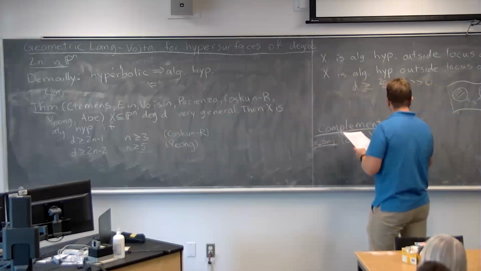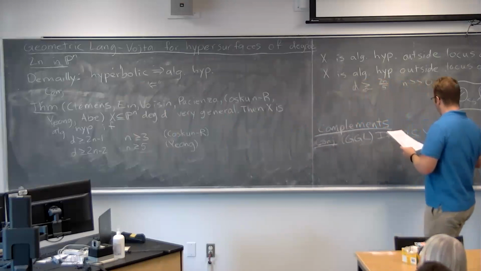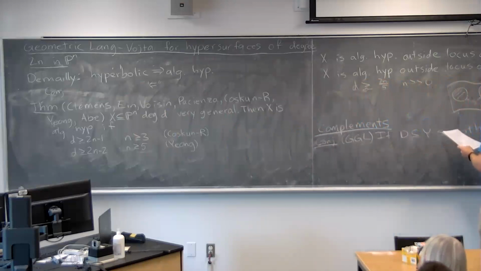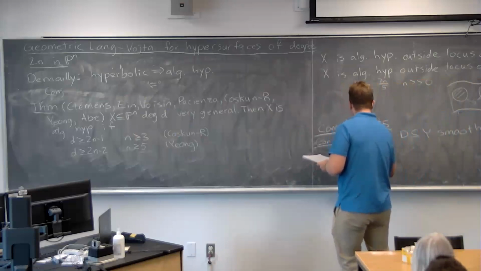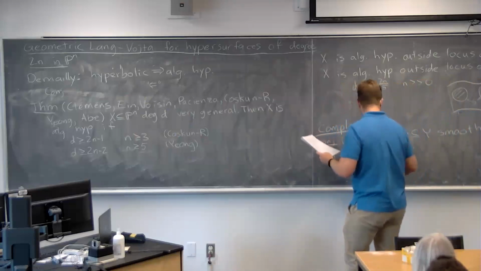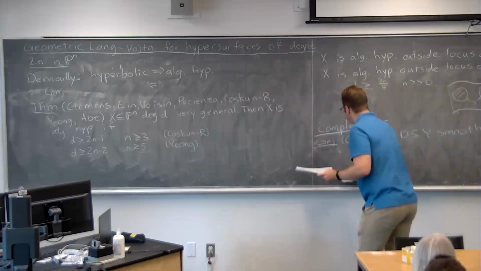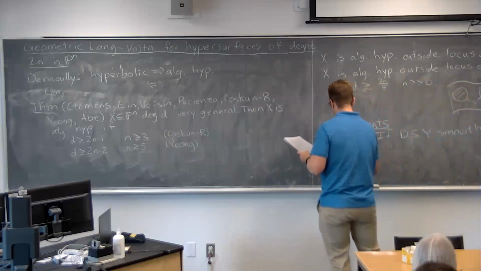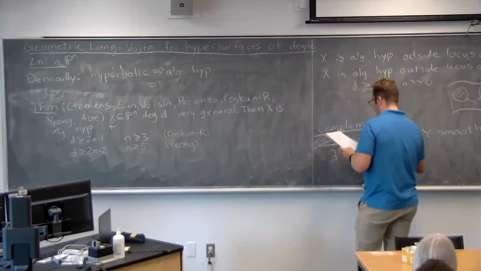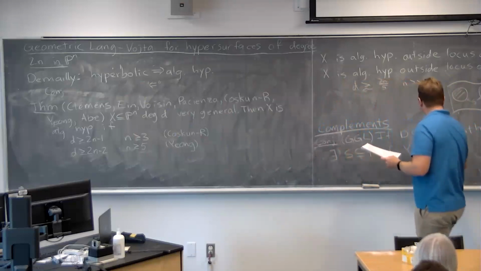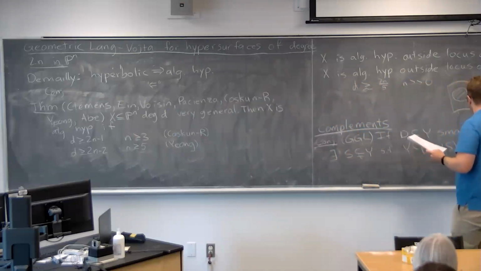It says: if D in Y is a smooth divisor with K_Y plus D big, then there exists some proper subvariety S, and I have to tell you what S is, such that Y minus D union S is hyperbolic.